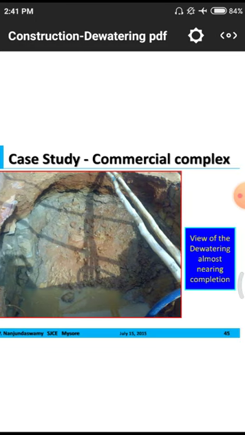After dewatering is almost nearing completion, at the bottom we have a small quantity of water, at the side we have soil, and at the top layer we have red soil. After that we have this cement-colored soil, that means a fly ash or stone dust color.